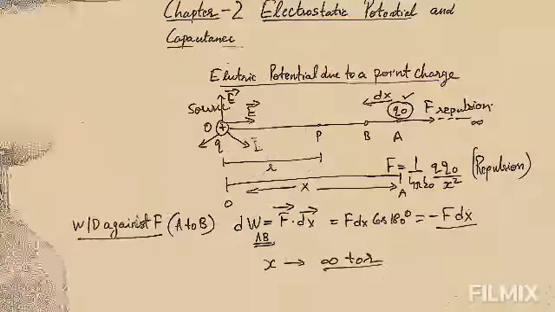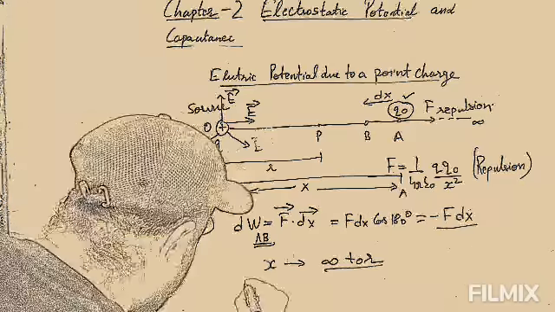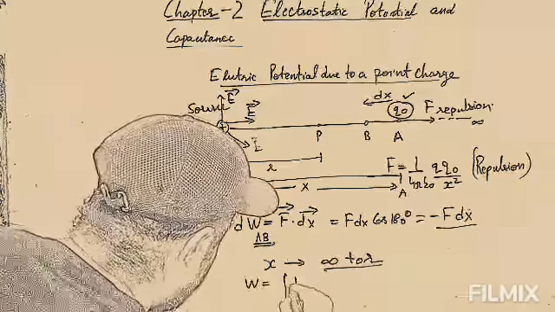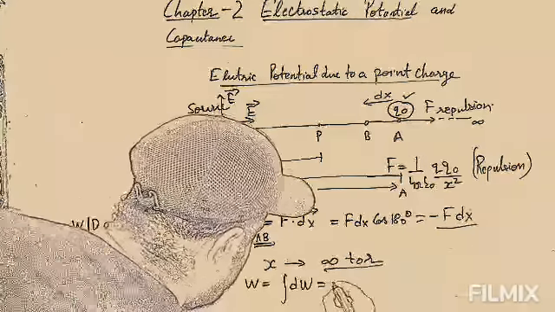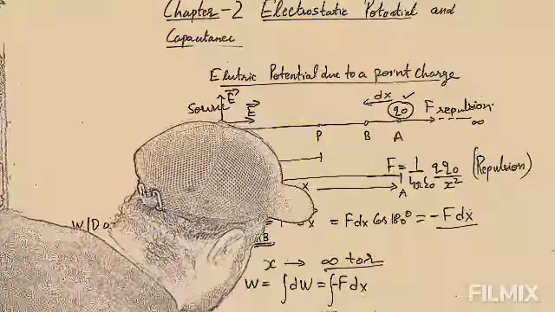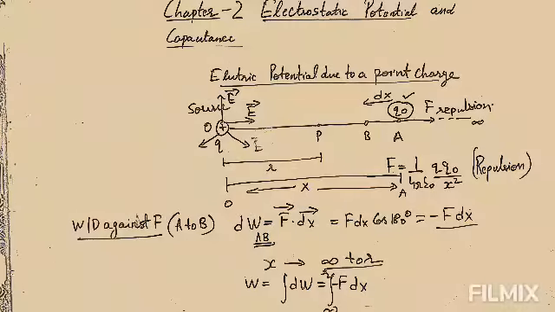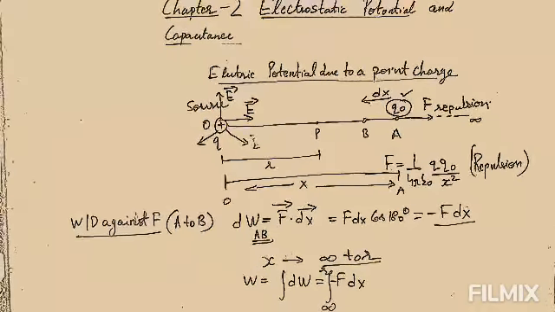We will be varying x and integrating the work done. The integration of work done is given as W equal to integration of dW, that is equal to minus F dx in the limits infinity to r, because the charge was placed at infinity and it has to be finally moved to r.